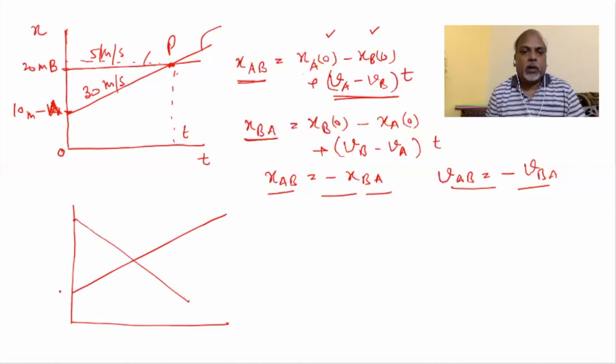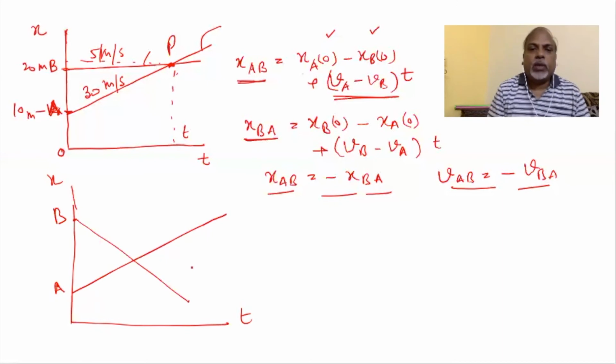Suppose this is A, this is B, this is your x-t graph, and here the slope is negative. That means it is going in the opposite direction to what car A is going, correct? And naturally they will cross each other at this point.